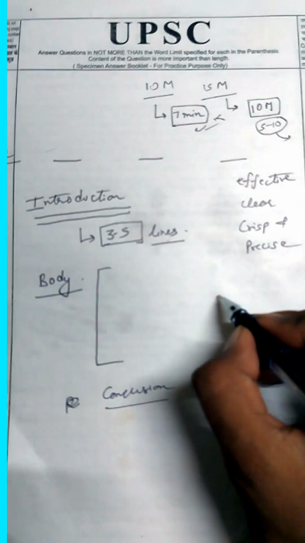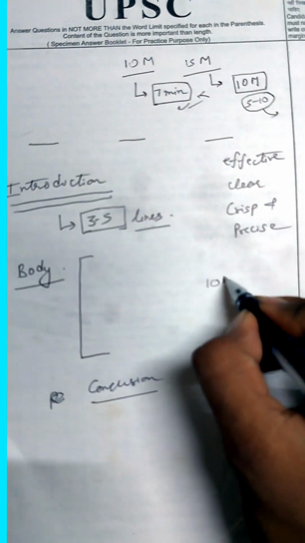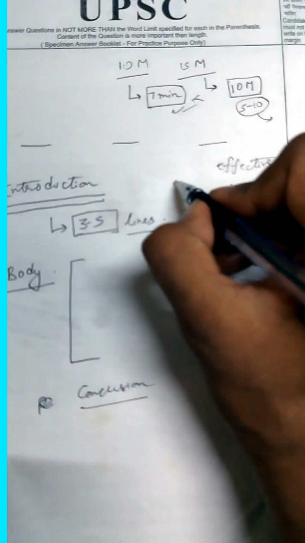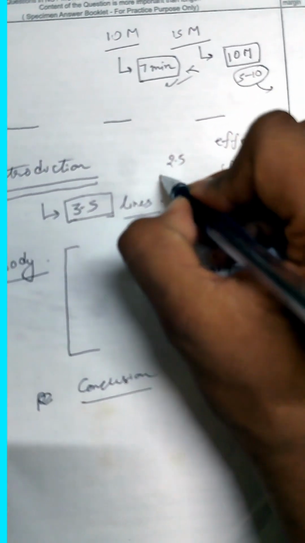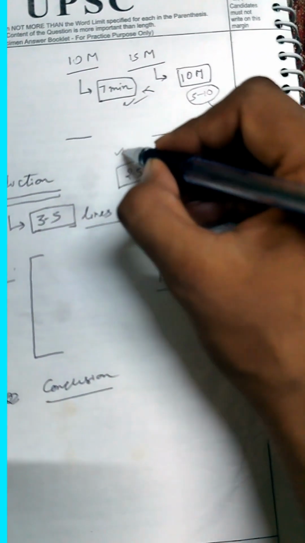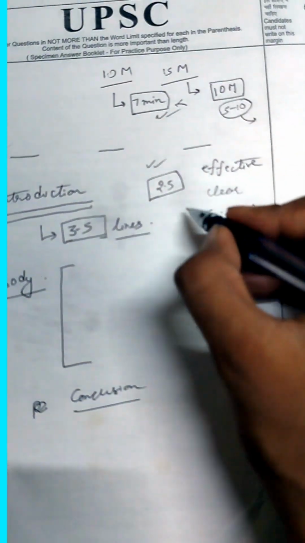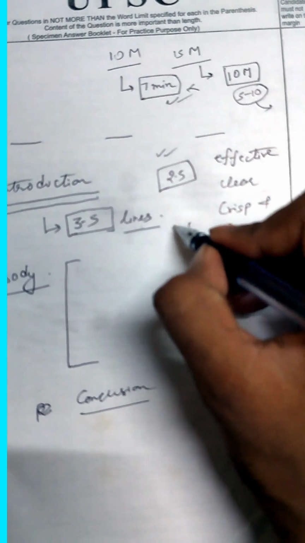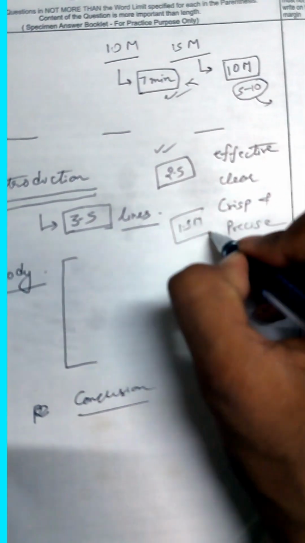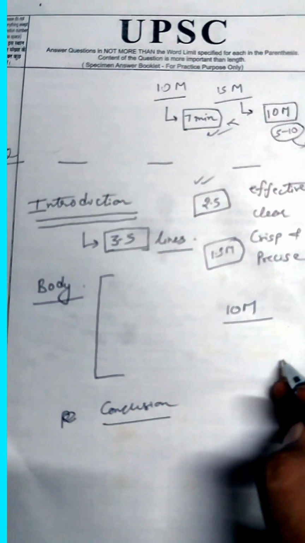If I tell you the marking scheme, if it is of 10 marks, then definitely 2.5 goes to your introduction, although in that 2.5 you will get around 1 or 1.5 marks in mains answer writing, that is a different thing.